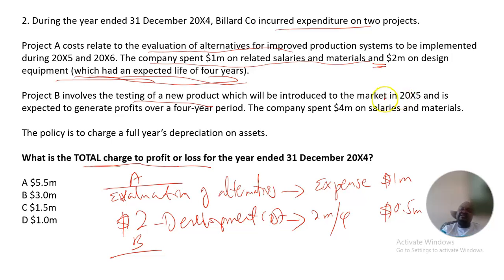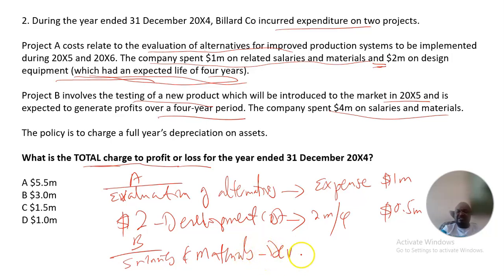However, we are told that this product is going to be introduced in the market in 2005 and is expected to generate profit over a 4-year period. So the company spent 4 million on salaries. Yes, they have spent 4 million on salaries, which means the salaries and materials should be capitalized.